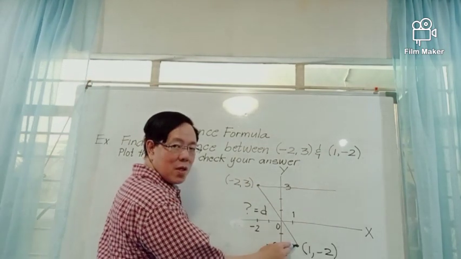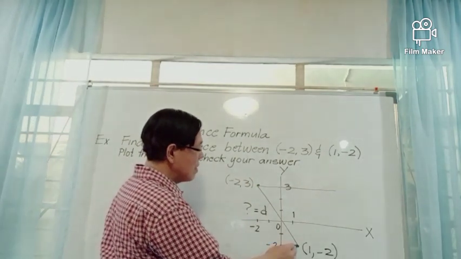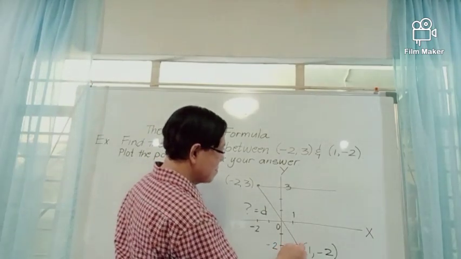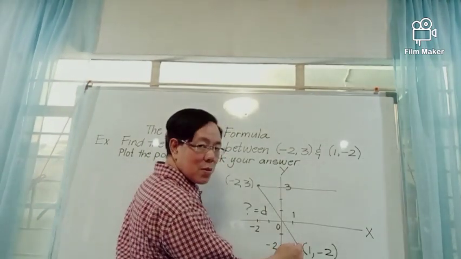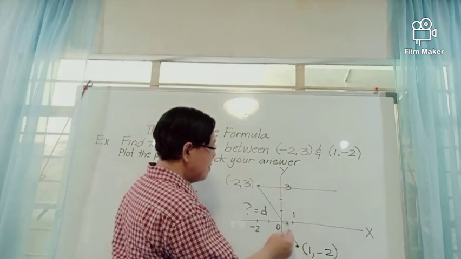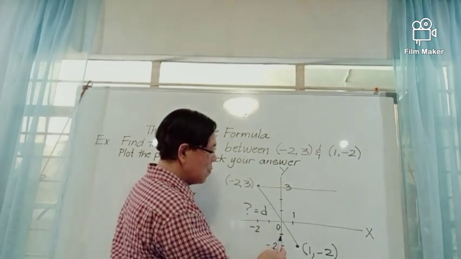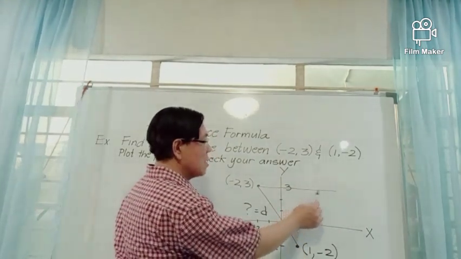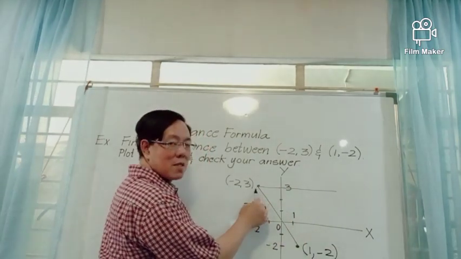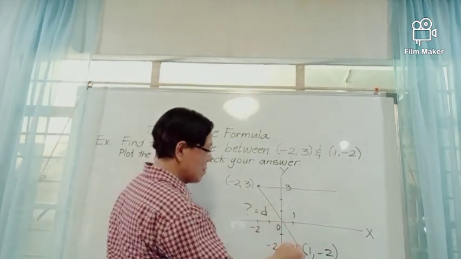And from this point, you draw a vertical line passing through this point, parallel with the y-axis and perpendicular to this line, passing through the first point.